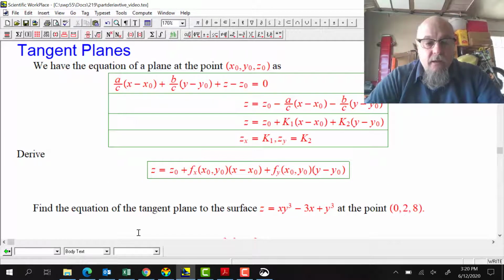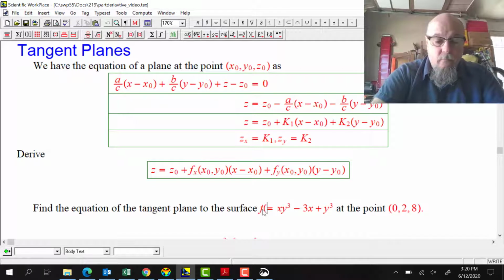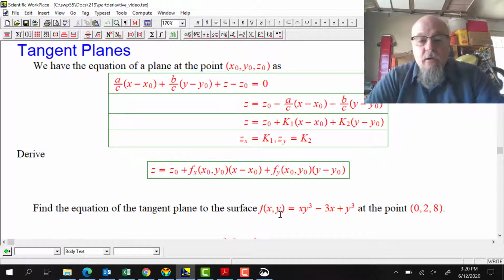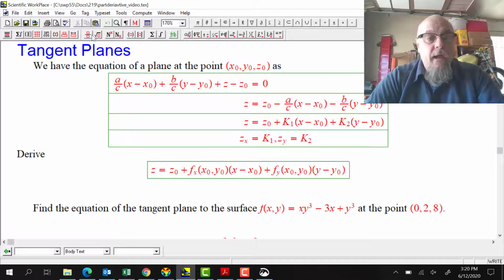Let's do an example. Let's call this F. So here, find the tangent plane to the surface at the point 0, 2, 8. Okay. So I have x naught, y naught, and z naught.